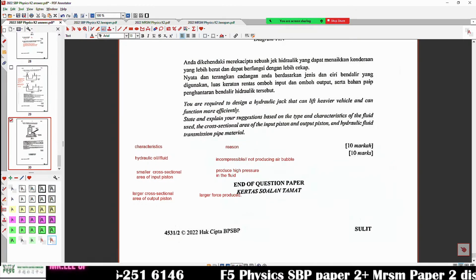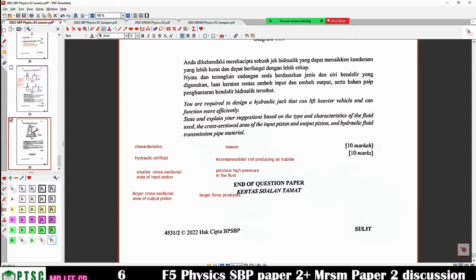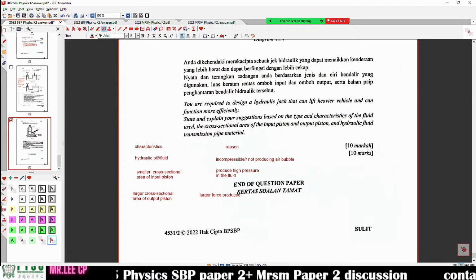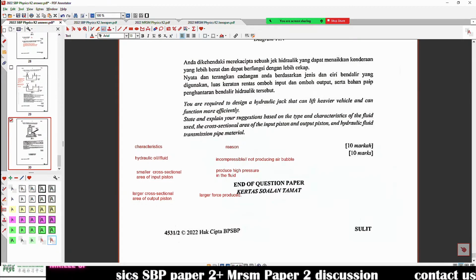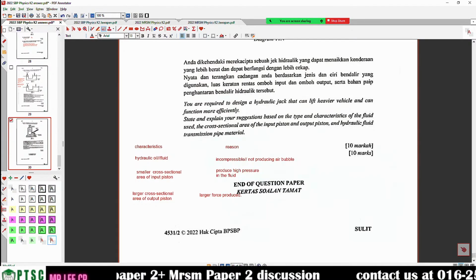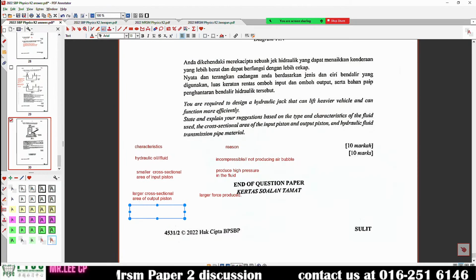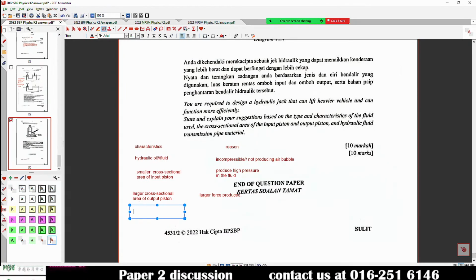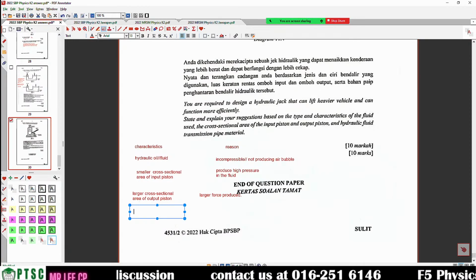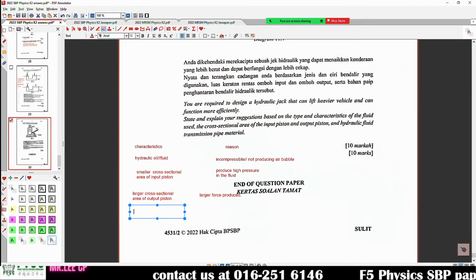And the hydraulic fluid transmission pipe. Type of the transmission pipe material. Previously I asked you to use strong, but now you are going to choose.